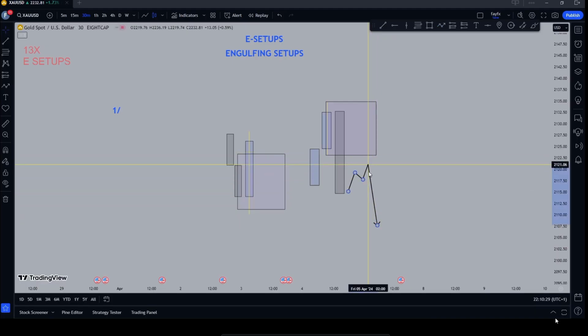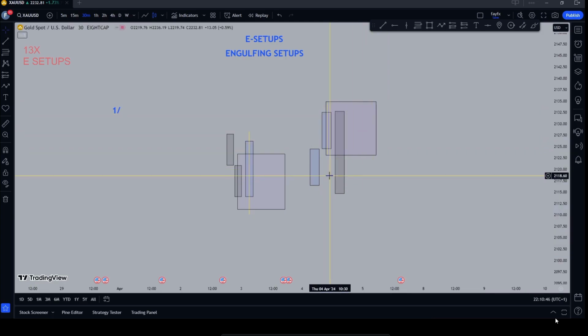Price directly goes down without touching this last level. This is a fresh engulfing candle.